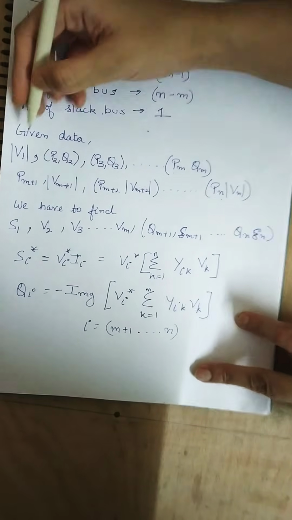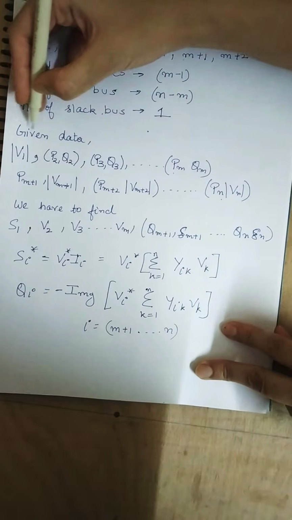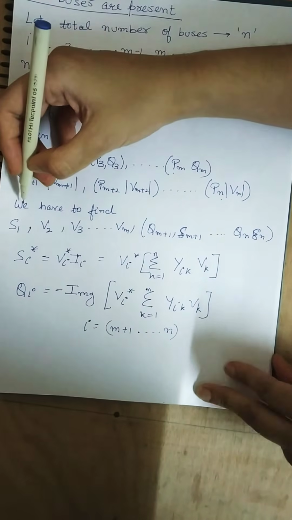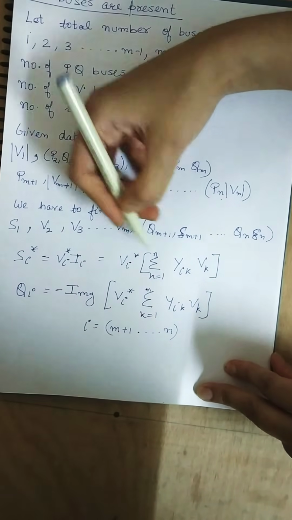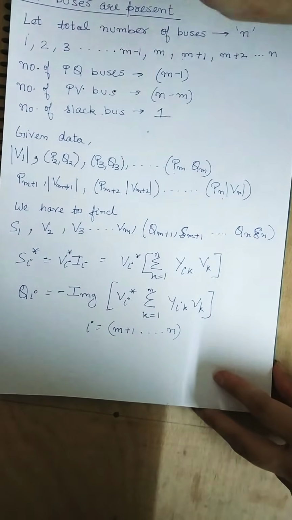Okay, so here I have written what is the given data, and here what we have to find. Now how we have to find it is very simple.